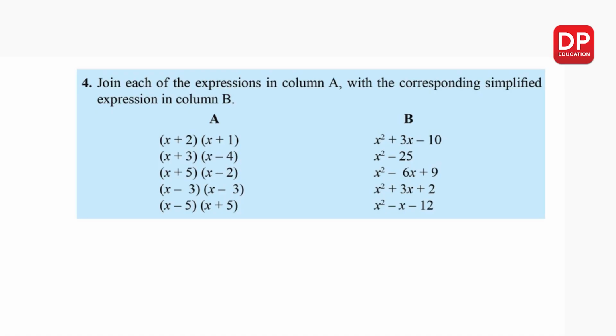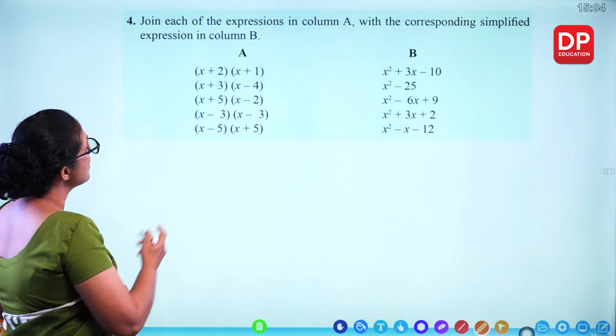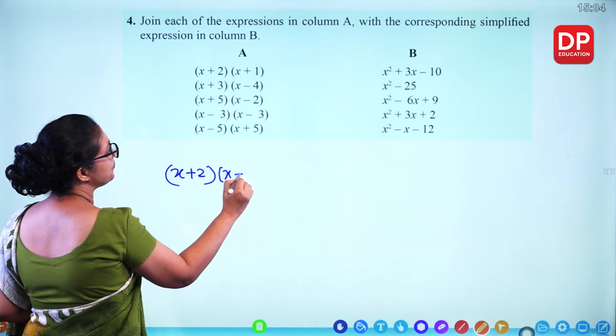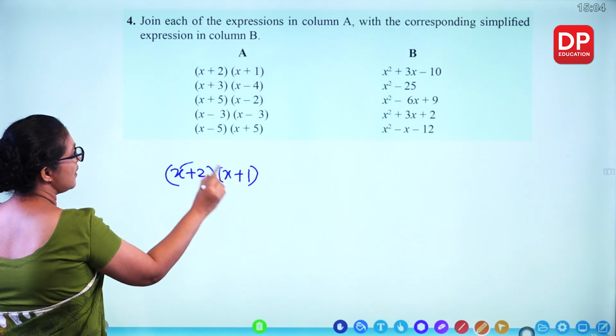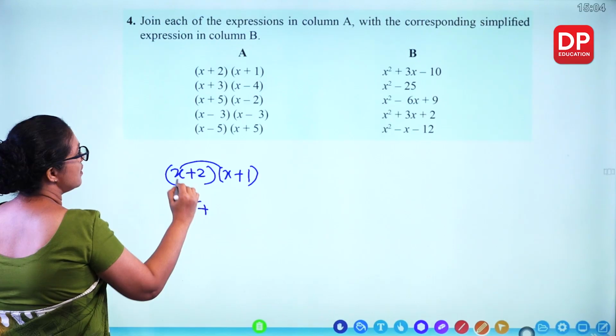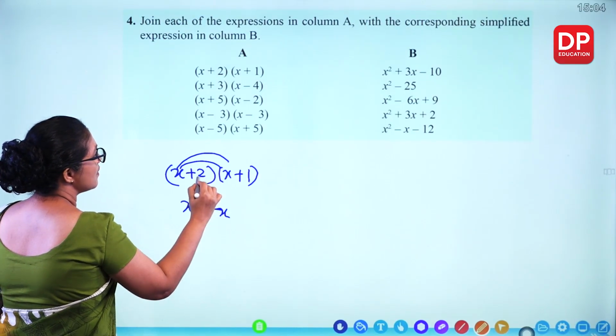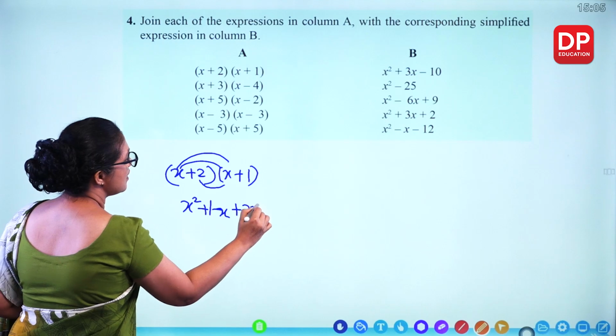Question number 4, join each of the expressions in column A with the corresponding simplified expression in column B. So we'll take the first one. x plus 2, x plus 1. x squared, 1x, 2x and 2.